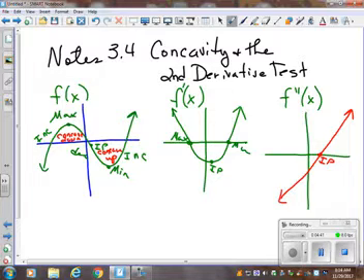Now, once in a while, if you have a high enough power problem with enough information in it, an inflection point might show up on a first derivative graph as an x-intercept, which would be kind of a misnomer because they usually don't show up on first derivative graphs as that. They show up as maxes or mins. But sometimes they'll end up being an intercept.